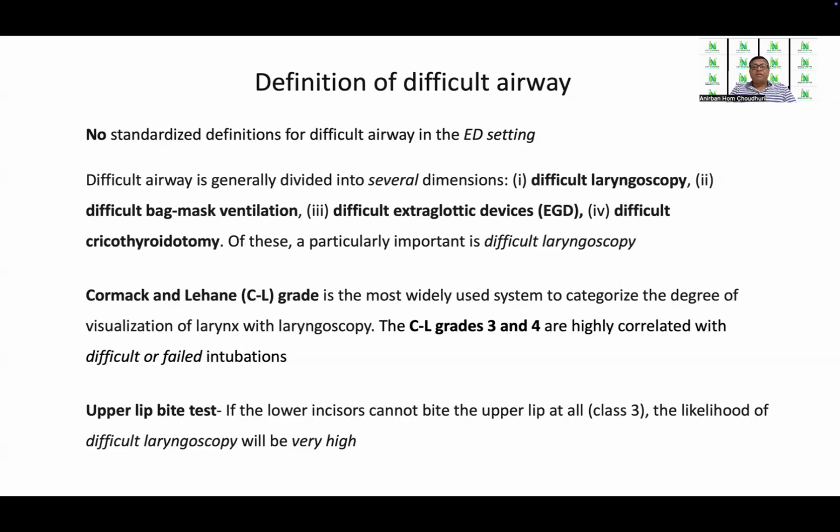And the CL grades of 3 and 4 are the ones which most highly correlate with failed or difficult intubations. Another simple clinical test is the upper lip bite test, to test whether the lower incisors can bite the upper lip. If the lower incisors cannot bite the upper lip at all, then it is taken as class 3, where the likelihood of difficult laryngoscopy is very high.